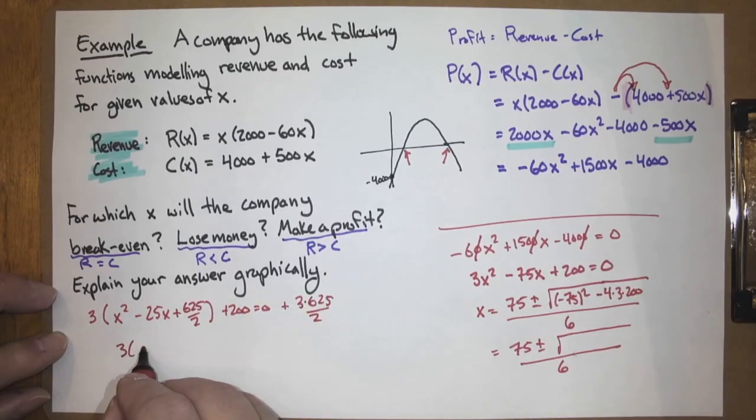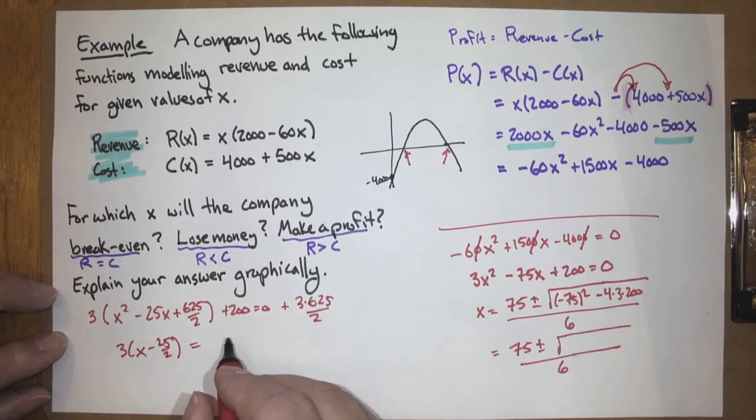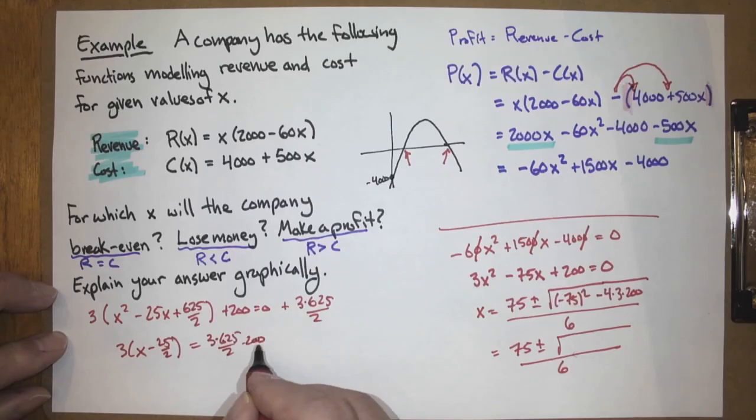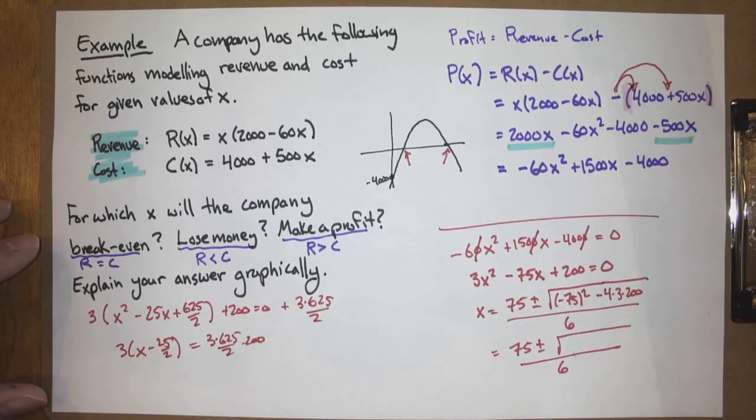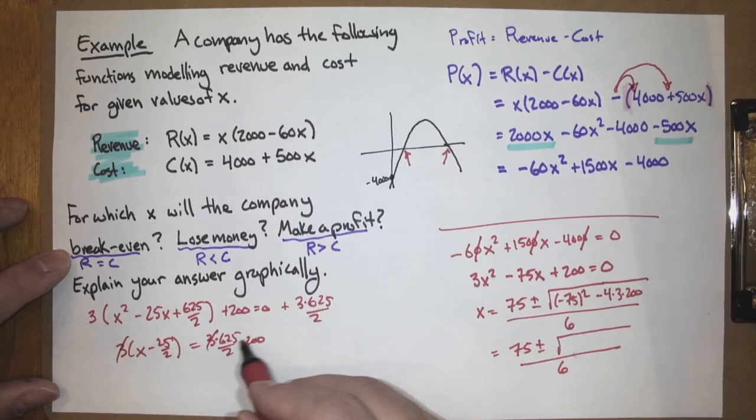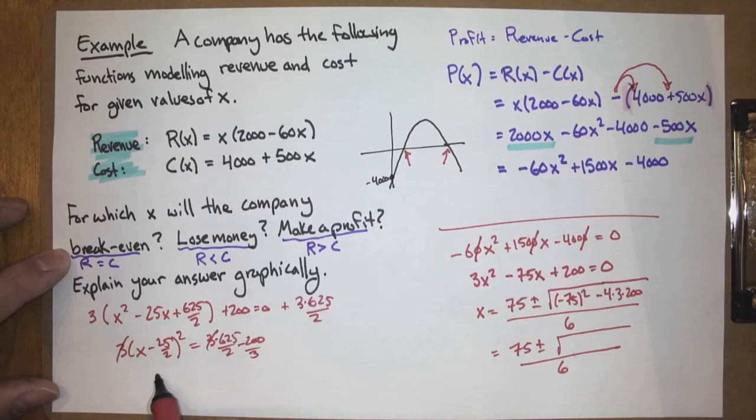So we get 3 times x minus 25 halves squared is equal to 3 times 625 over 2 minus 200. This is probably not any faster than using a calculator. Divide both sides by 3. Oh, this is a square I forgot to write down. x is equal to 25 halves plus or minus, well, okay, it's getting the same number.